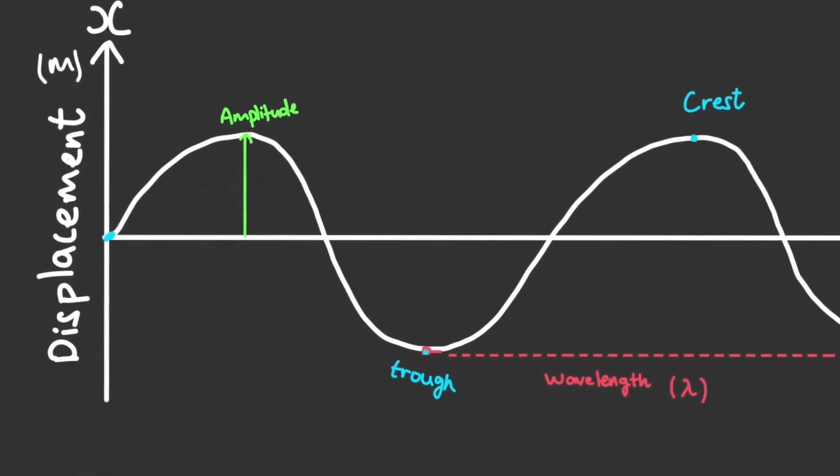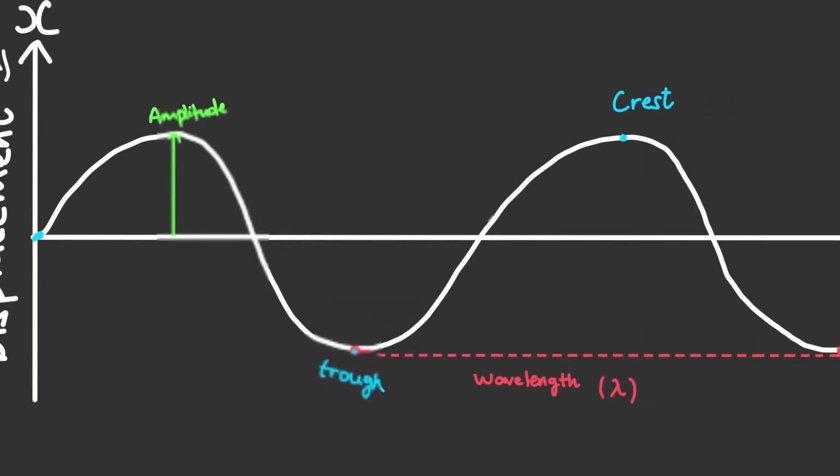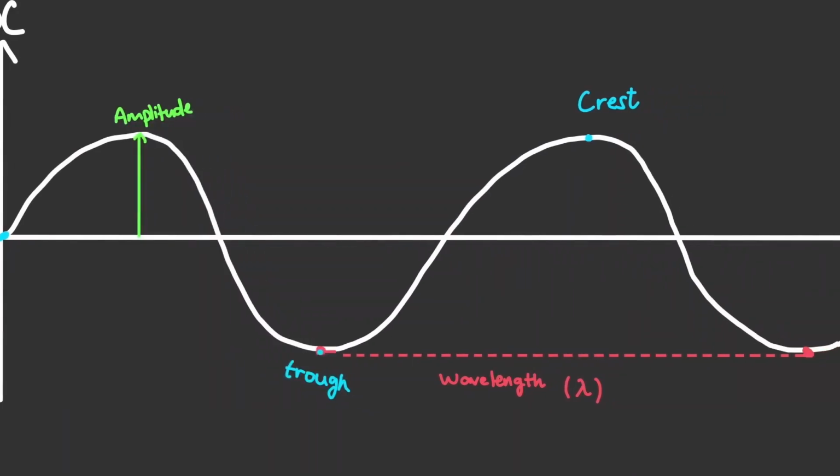The maximum displacement is known as the amplitude. So these are the displacements of the wave at different points in space. The highest point in a wave is referred to as a crest, and the lowest point a trough.